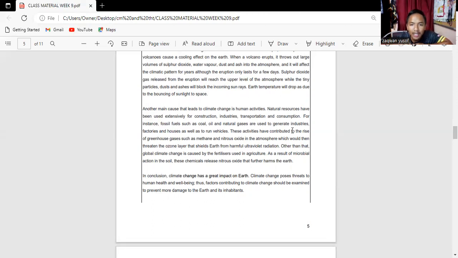This activity has contributed to the rise of greenhouse gases, such as methane and nitrous oxide in the atmosphere, which would then damage the ozone layer that shields it from harmful ultraviolet radiation.